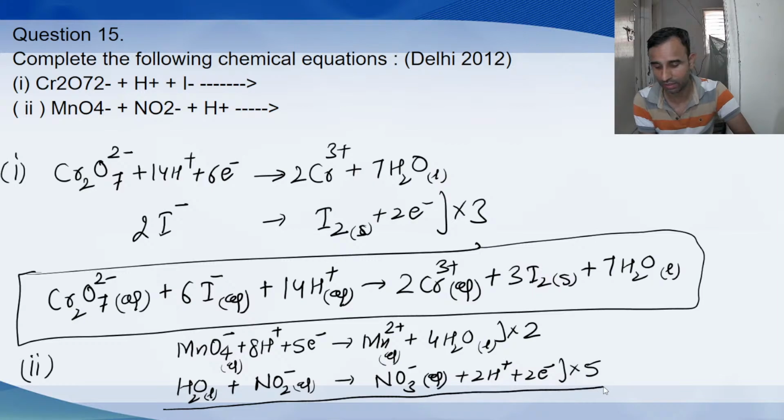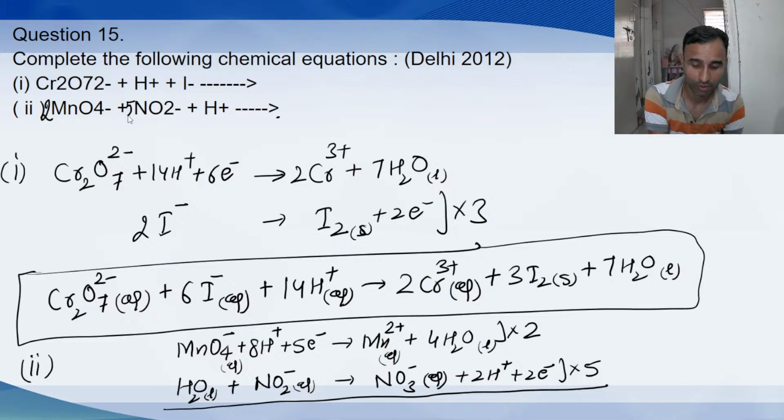So the net equation is, I will write here, on the left side 2 MnO4-, 5 NO2-, and how many H+ ions? 16 H+ minus 10, so 6 H+.